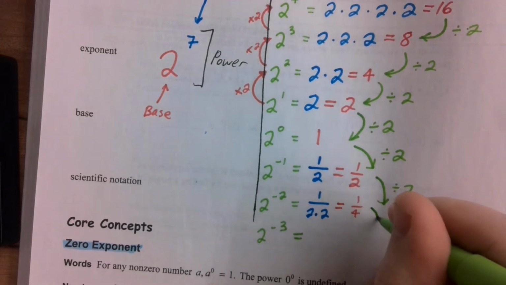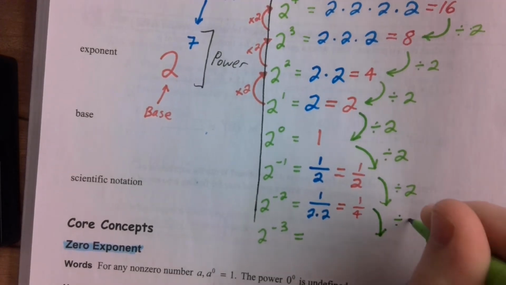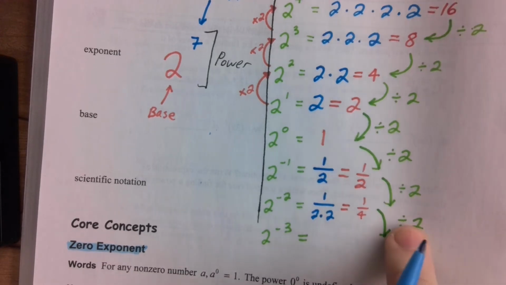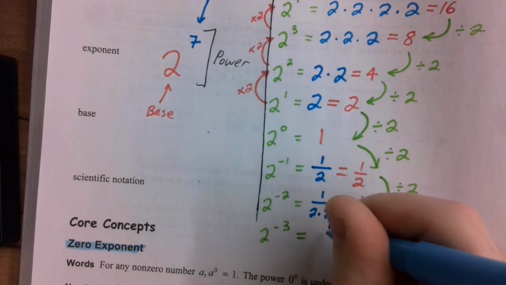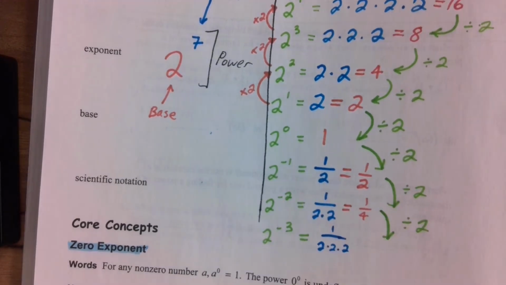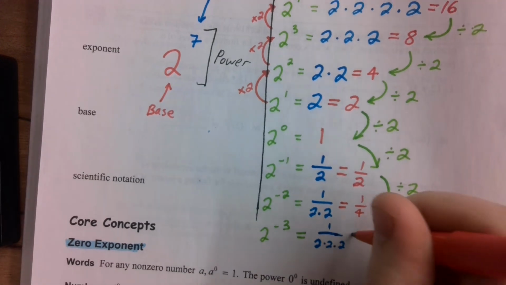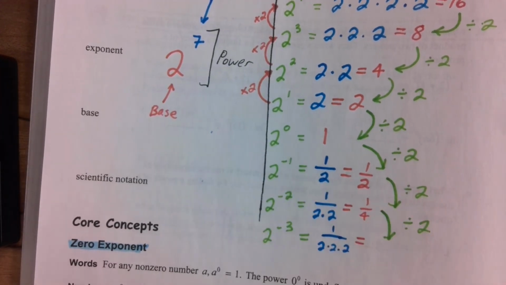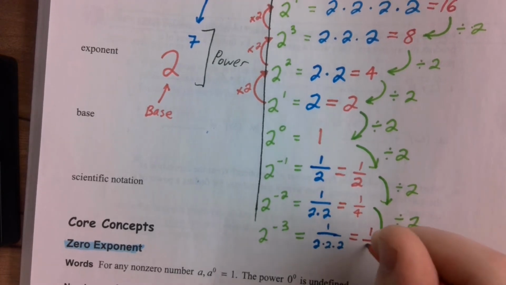Let's divide by 2 one last time, although we know this pattern could continue on forever. Well, we're just multiplying the denominator by 2 again, right? So it's almost like we have 1 over 2 times 2 times 2, or 1 over 4 times 2. What's 4 times 2? Well, that's 8.